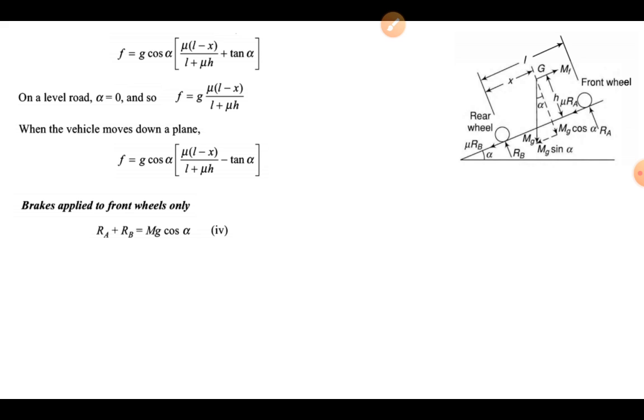Okay, right. So similarly we are taking equilibrium of forces in x and y direction and moment. So we have written the equations. These are very straightforward equations. Ra plus Rb is equal to mg cos alpha, that is the same as the previous case. This is the equilibrium of forces in y direction.